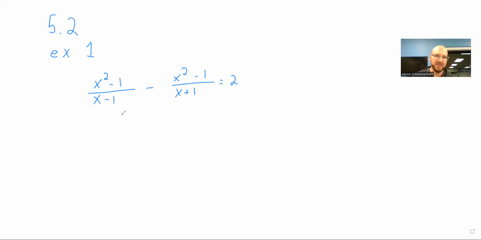So the first thing I want to do is get rid of my denominators. Now, usually I just multiply everything by my denominators, but this one has an easier way. If I look at that numerator, x squared minus 1, I know that factors as a difference of squares, so it factors into x minus 1, x plus 1. And hey, I've got the same numerator twice.